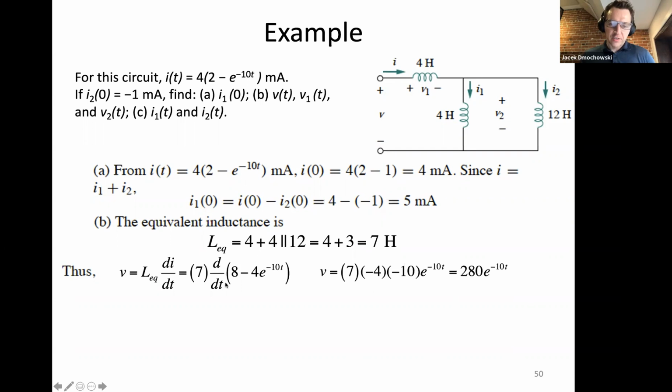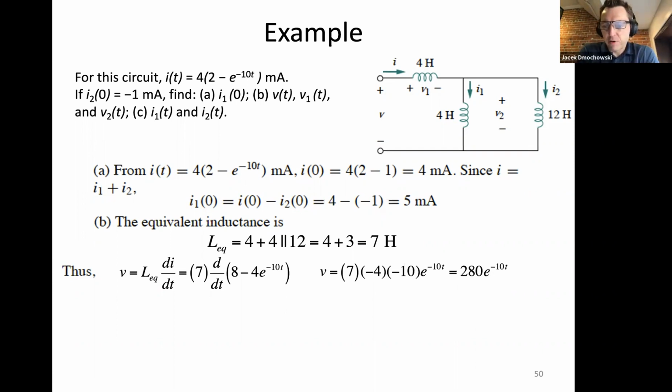Derivative of a constant is 0. We have minus 4 e to the minus 10t times minus 10. So this is now our final expression for the voltage across these two terminals as a function of time. So it's 280 e to the minus 10t.